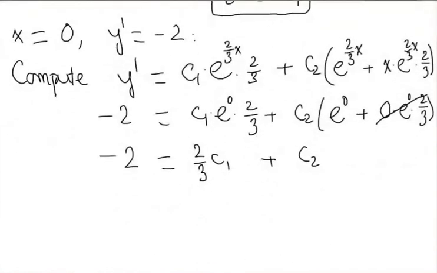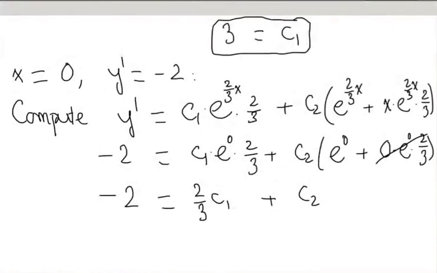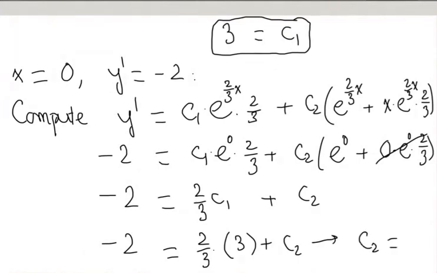But recall that c1 we have found above is 3. So negative 2 equal to 2/3 times 3 plus c2. From here, we can solve for c2. We get negative 4.